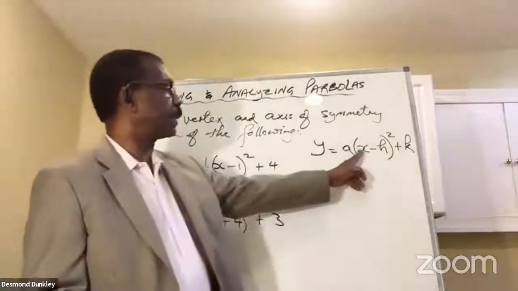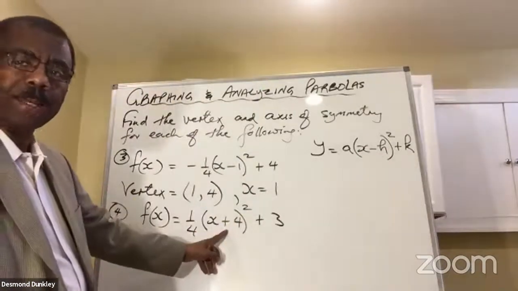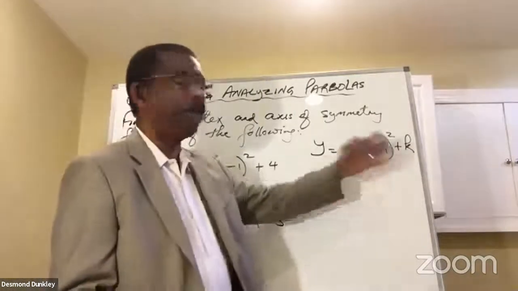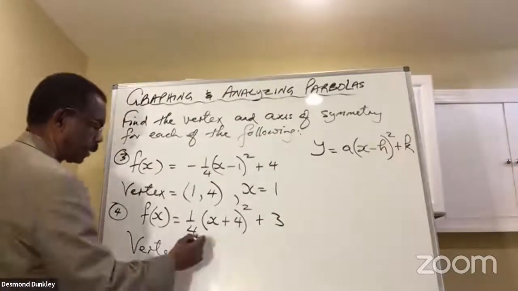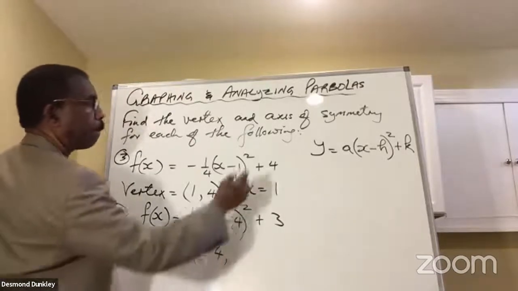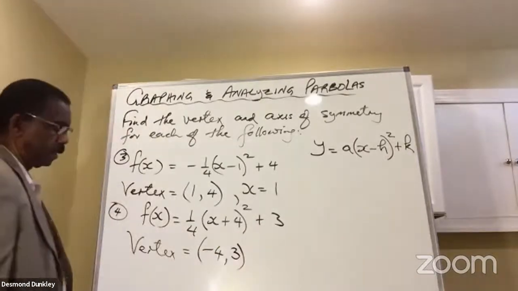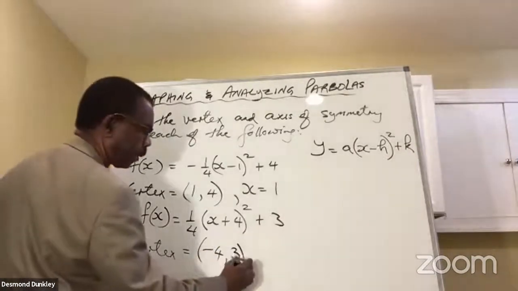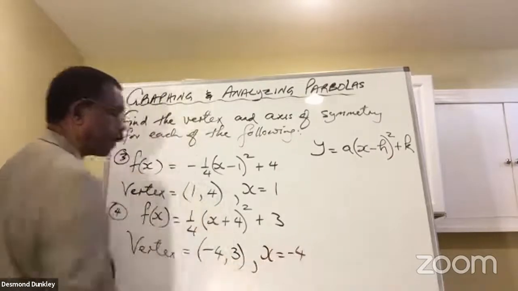So what's the format? It's x minus h. The fact that we have a positive sign here means that h must be a negative number. So it's going to be negative 4, comma, plus k, plus 3. So k is 3. And then of course, our axis of symmetry is x equal to negative 4.